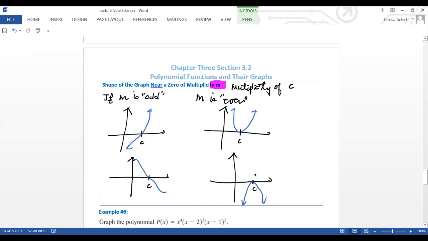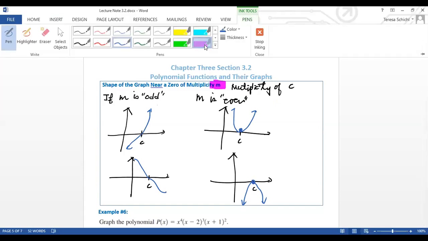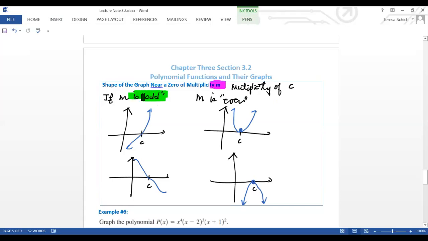So the graph will not pass, it will touch. So whether the multiplicity of C is even or odd is super, super important, right? If it's odd, the graph is going to pass through. And if it's even, they're only going to be tangent, they're going to touch.